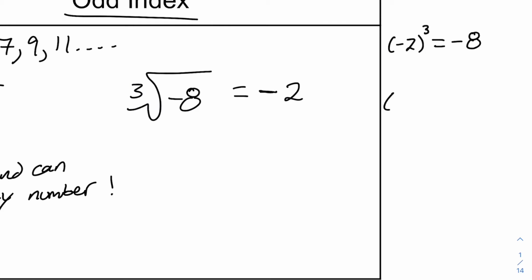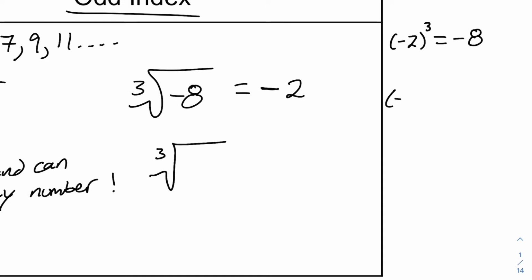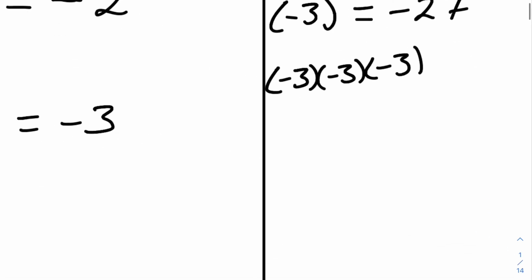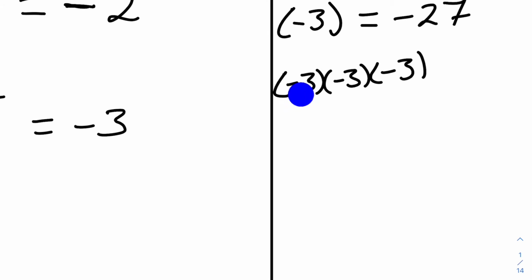Now, if I take, let's say, the cube root of -27, that's going to give me -3, because -3 cubed actually equals -27. And remember what that cubing means. To cube something, it tells me to multiply the number 3 times. You can see here -3 times -3 gives me +9, and then my -3 follows down.